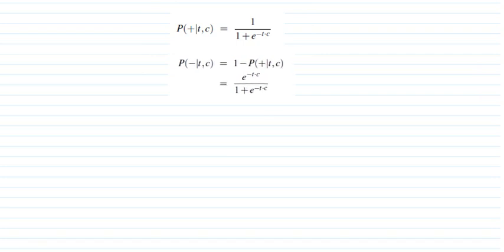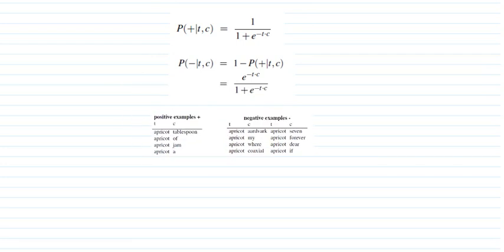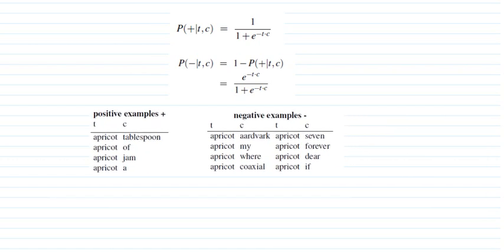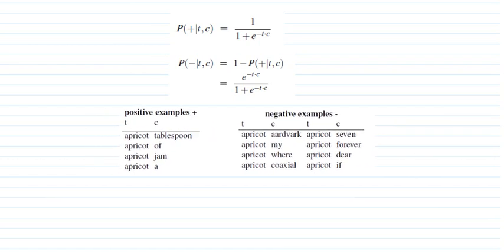So how do we get the samples? Let us see, as an example. There may be a lot of words present in the corpus, and from that corpus we can obtain these kinds of samples, right? So apricot is in context with tablespoon. This is a positive sample. Yes, apricot is in context with of.